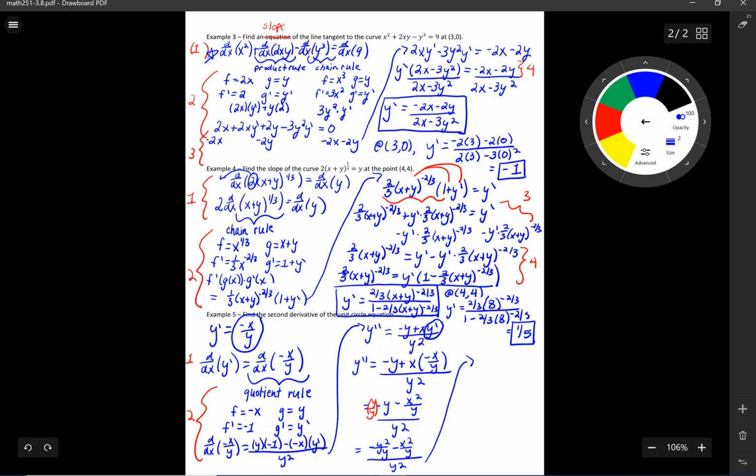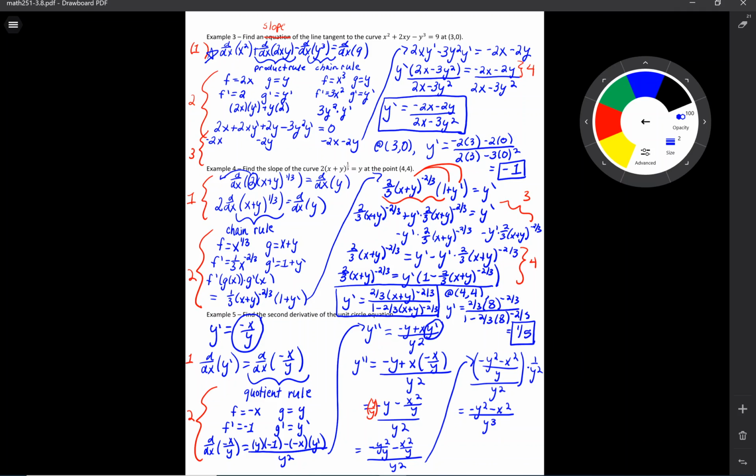I have negative y squared minus x squared over y, all of this over y squared. So now I have a fraction in a fraction, and I can multiply the top by the reciprocal of the denominator. So this equals negative y squared minus x squared over y times y squared, which is y cubed.